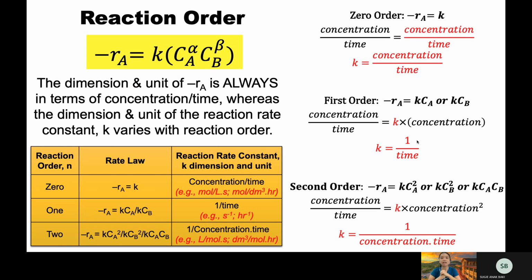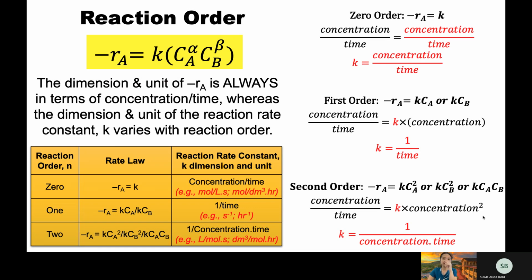Okay, what about katakan dia adalah second order reaction. Okay, so kalau second order reaction, okay, kita tengok dulu apakah dia punya dimension. So on your left hand side minus RA still concentration per time, dia tak change. On your right hand side, K, the dimension that we want to know, multiply with concentration power of 2. Sebab reaction tu second order kan, second order concentration power of 2.